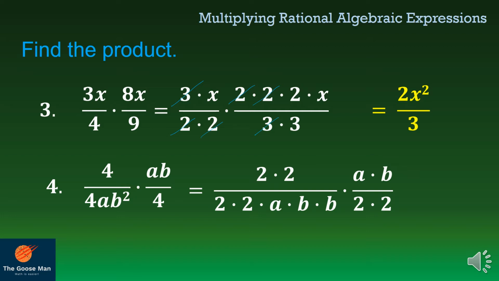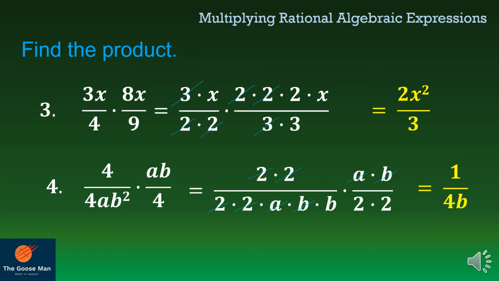Again, I'll factor out 2 and 2 here, a pair of 2 again here, as well as a and a, b and b. So, what I have in the numerator is simply 1, while the denominator is 2 times 2 times b, which is equal to 4b. So, the answer is 1 all over 4b.